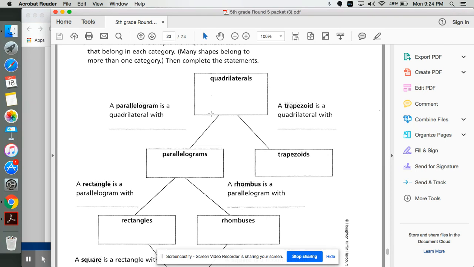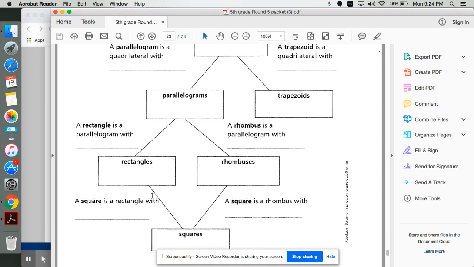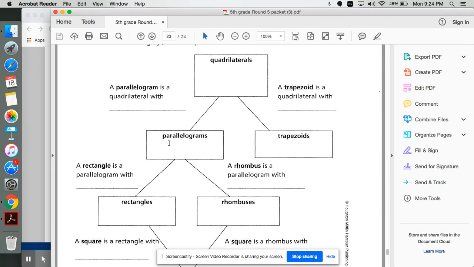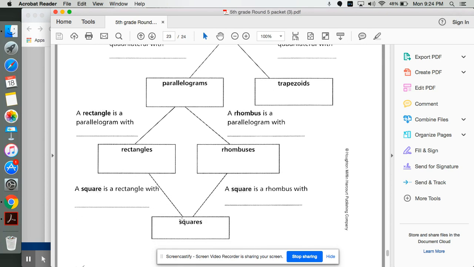That sounds kind of confusing, but a rectangle has to be a parallelogram because it's underneath parallelogram. Same with square. Now, a trapezoid is on its own over here because it doesn't go any further. But parallelograms have a lot of different subcategories underneath of it, as you can see.